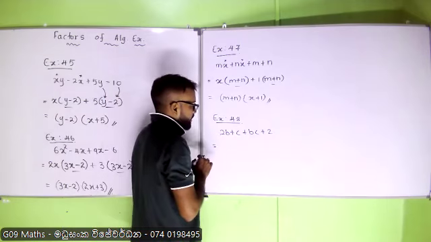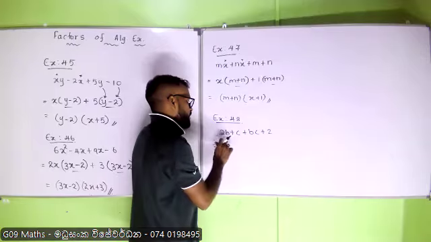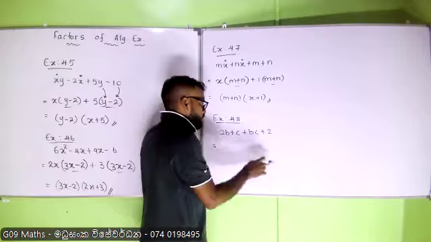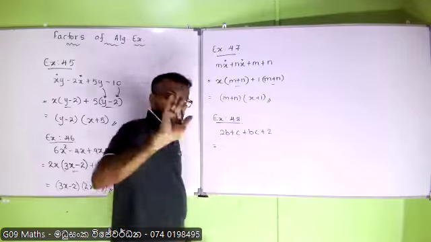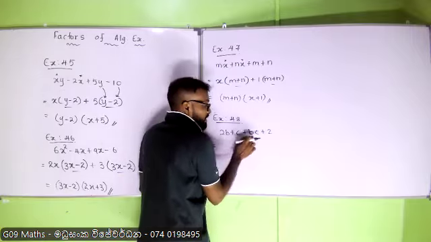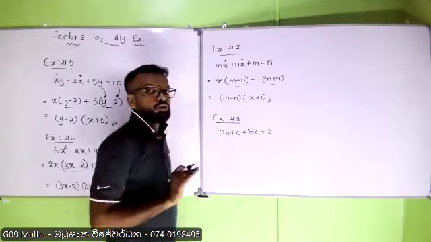Let's see what we can do. By looking at this one and this one, there is no common term. But c plus bc, c is common. 2b plus 2, 2 is common.